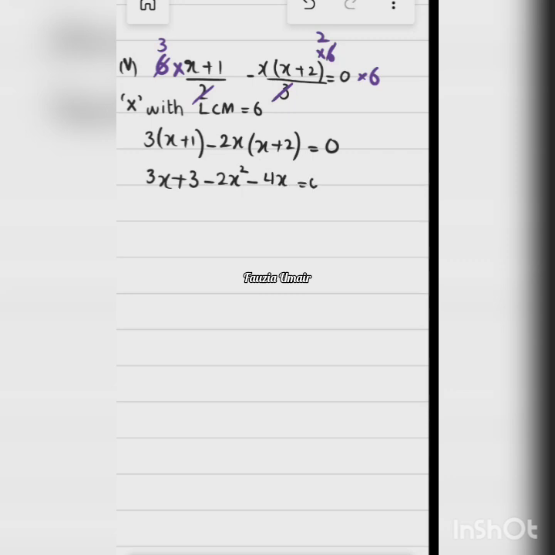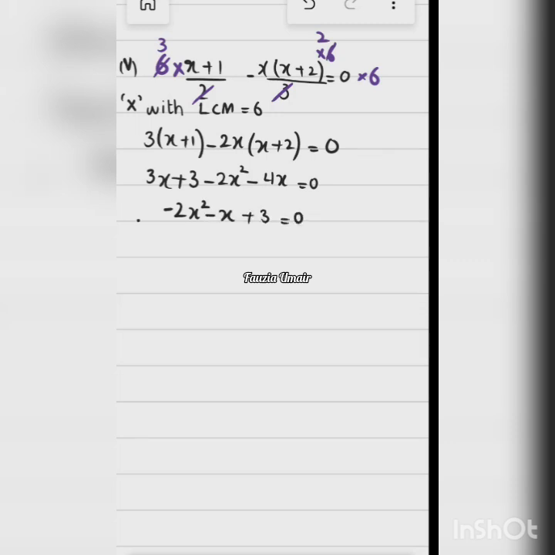Are you clear? How did this come? Alright, so now we will rearrange it. We will write x square first, then minus 4x plus 3x, it is minus x plus 3 is equal to 0.